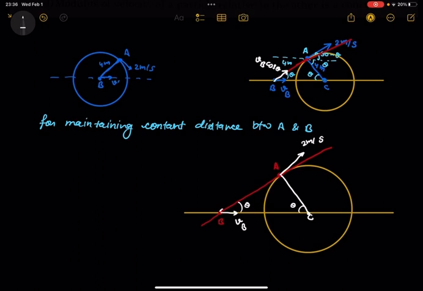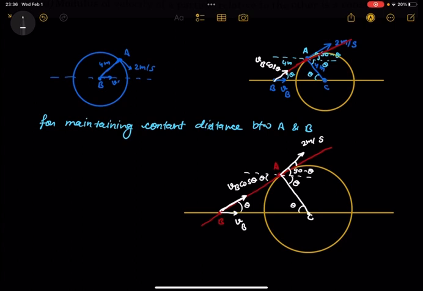So the VB component along this direction is VB cos theta. Now we want to calculate this angle, because if we calculate this angle, we can calculate the component also. So just see here carefully. If this angle is theta, this is also theta, and this angle is 90 minus theta. Understood my point? And this angle is also theta.